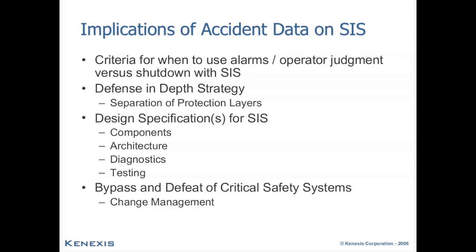Others involved not applying a defense in depth strategy, where we don't put all our eggs into one basket, but separate the protection layers such that even if one layer fails, there will be other layers we can rely on to have the opportunity to protect the process from an out-of-control process condition.